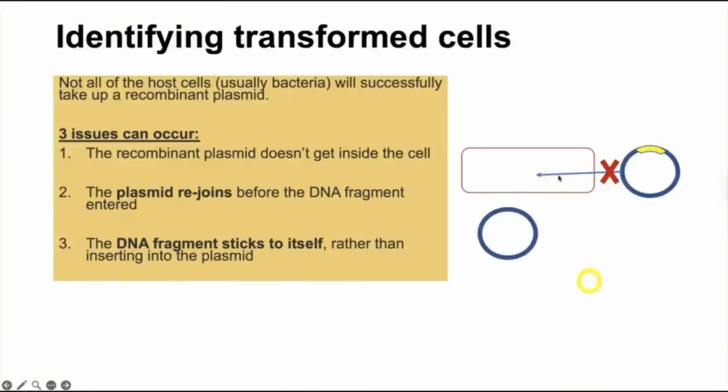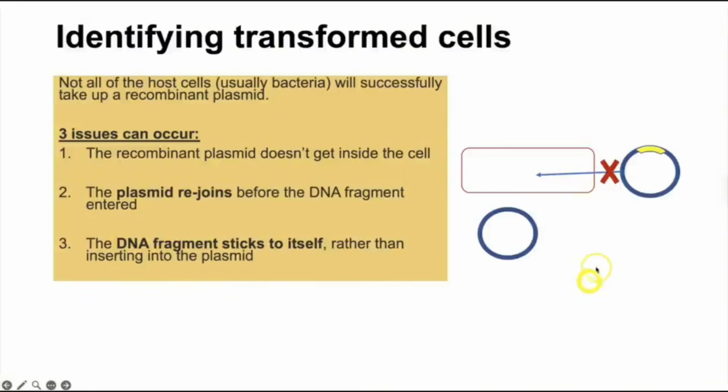Now, not all of them will be recombined or transformed cells because, first of all, maybe that recombinant plasmid, even though we heat shocked the cell membrane, it still didn't get inside. Or maybe a plasmid did get inside, but it wasn't a recombinant one. The original plasmid that was cut open simply rejoined, so maybe that got inside, so we don't have the gene of interest.